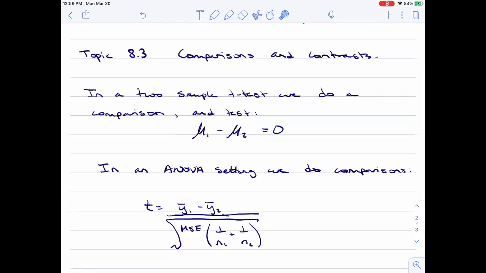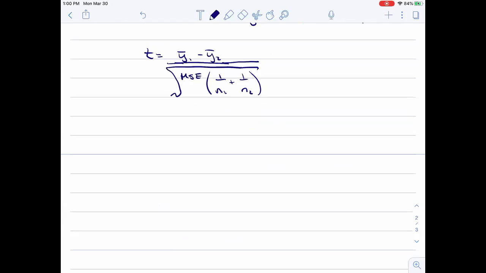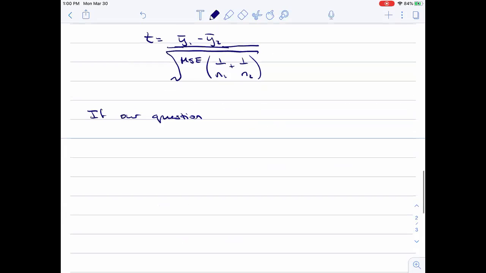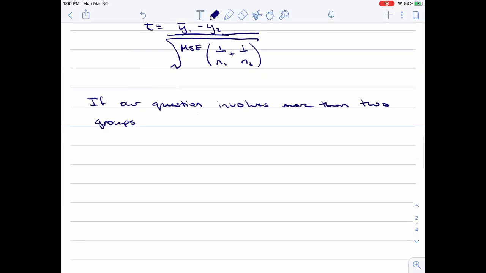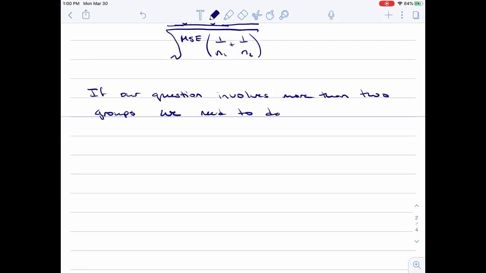If we want to do contrasts, what we're saying is that we want to look at more than 2 groups. So if our research question involves more than 2 groups, we need to do a contrast.